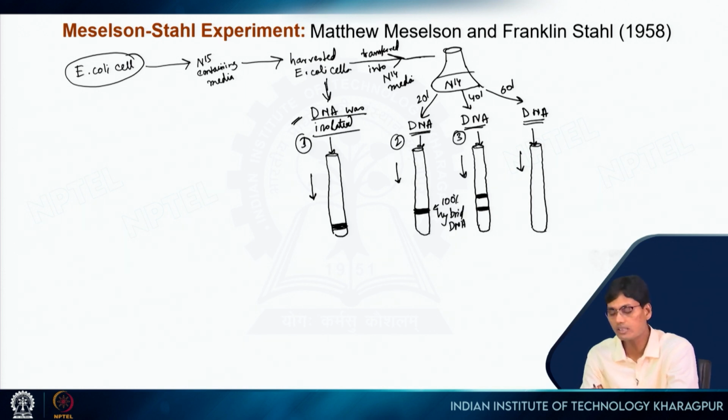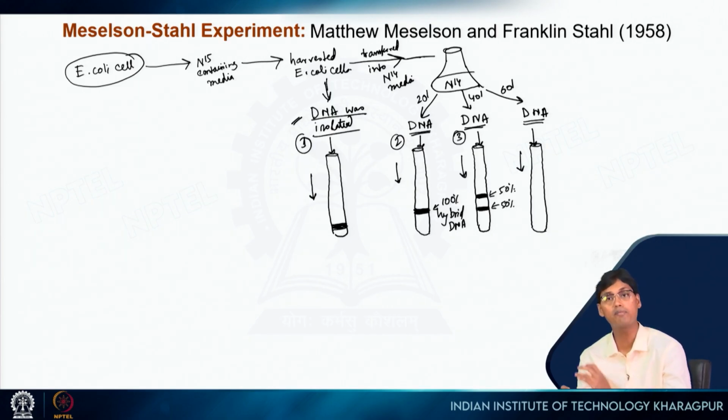Why hybrid? Because see, in the next tube, you have this hybrid DNA, which is 50%, and this is the light DNA, again 50%. Why light DNA? Because this is migrating minimum. So this is the light DNA.